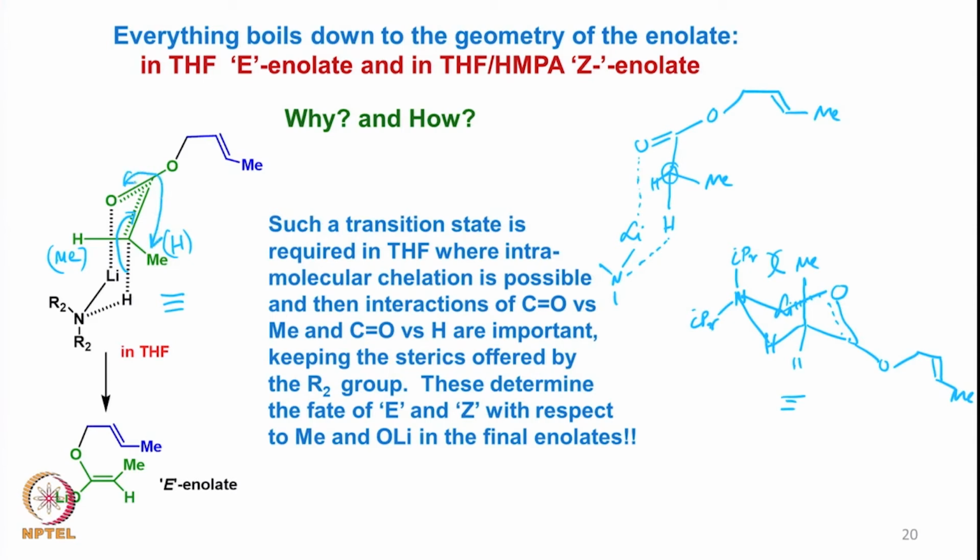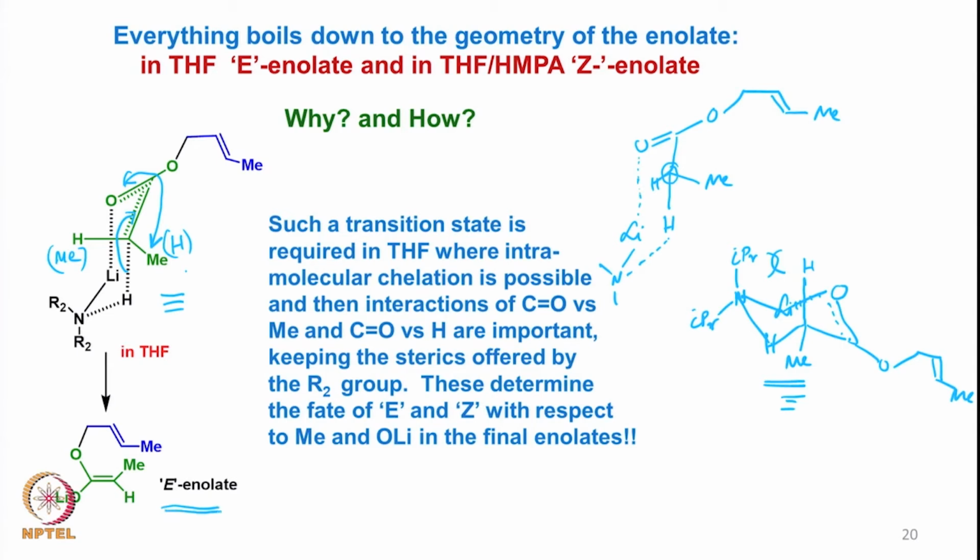So, the intramolecular chelation with the LDA that is possible in THF makes the transition state look like this, in which the hydrogen prefers to be in the axial position, and therefore the methyl group is in the equatorial position, and when the chelation occurs, the final product after deprotonation is the E-enolate.